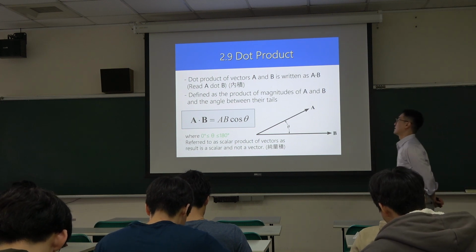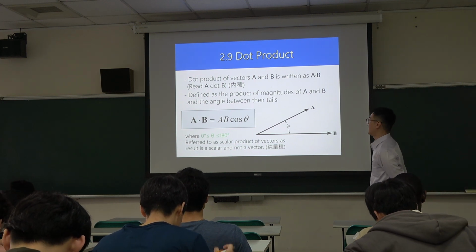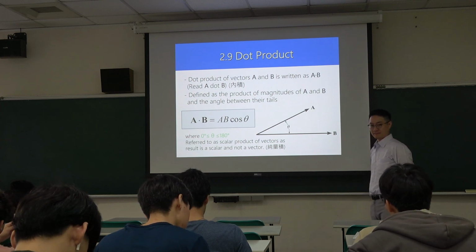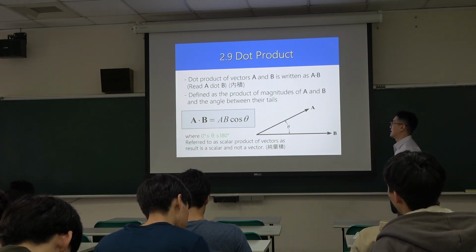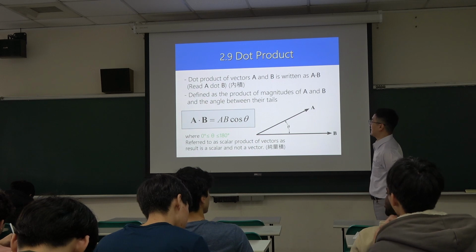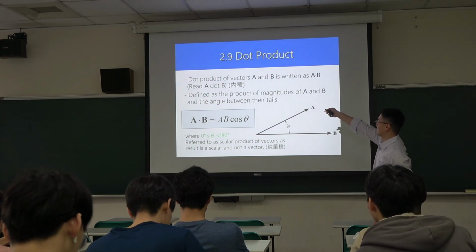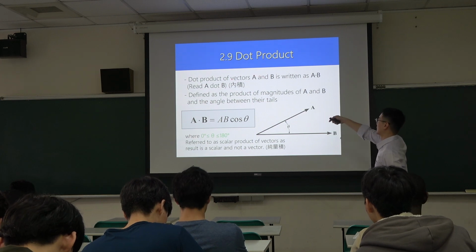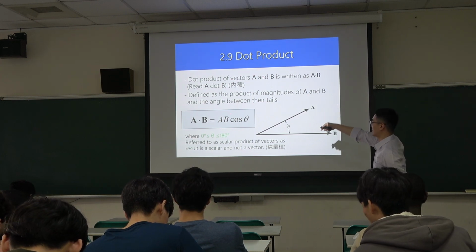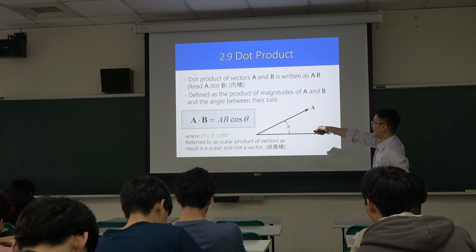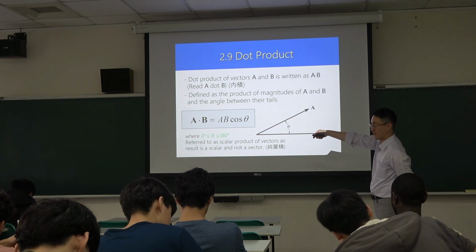Okay, then we start. Next section is dot product. Dot product applies to two vectors. We work out its dot product, where A is a vector and B is also a vector.